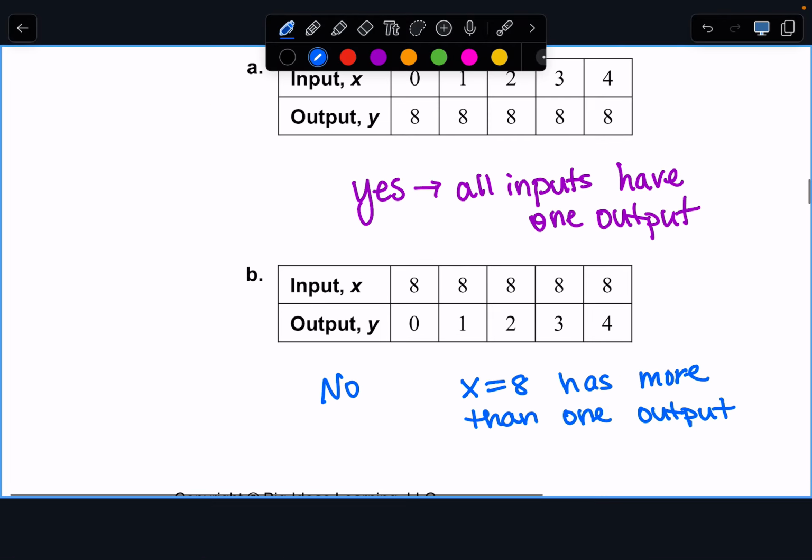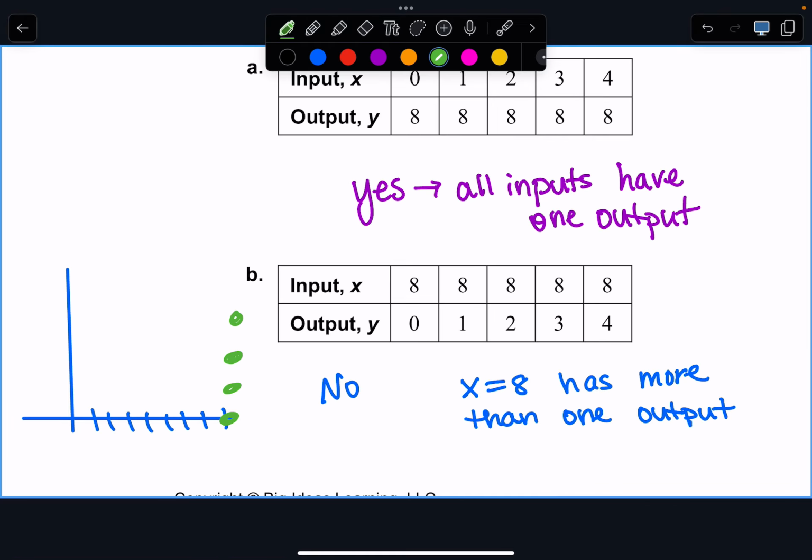Now, can we talk about what this would look like on a graph? The dots would go in a straight line. Okay.